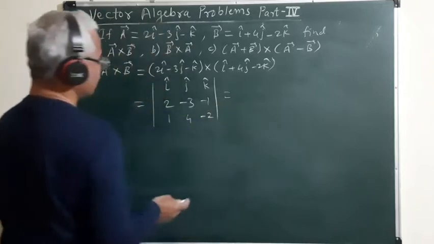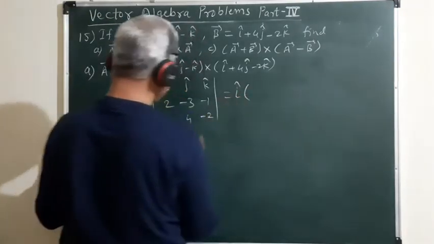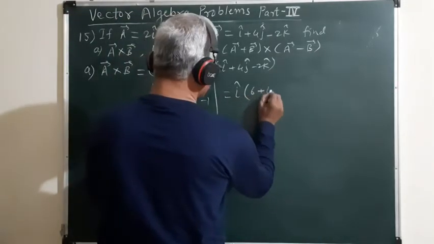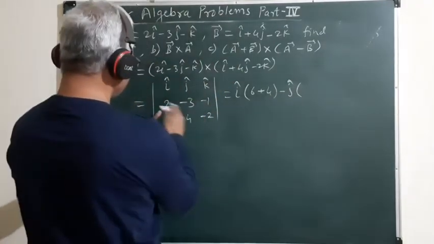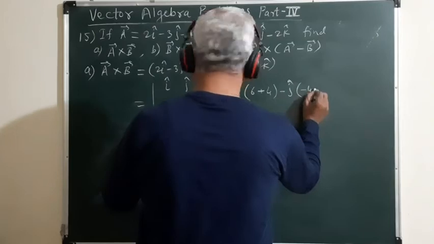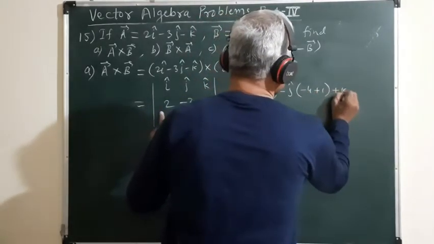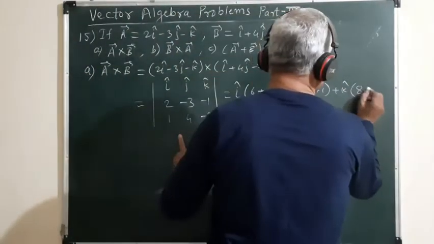So if we evaluate this determinant, we can express it as i cap into bracket 6 plus 4, minus j cap into bracket minus 4 plus 1, plus k cap into bracket 8 plus 3.